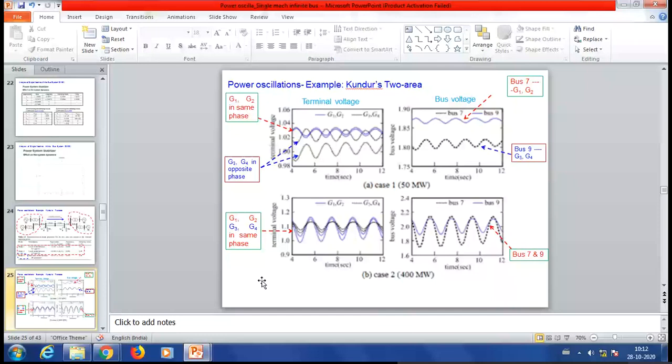So in that sense, we have to analyze the generator behavior for every possible operating condition, and then design our controller and say that this controller will be most optimal for the operating condition. This was the discussion we had last time, and we move to the next one.